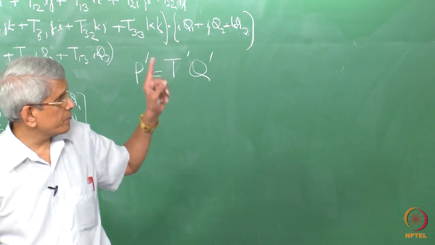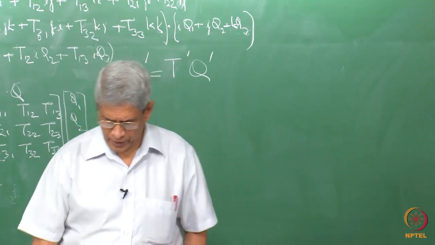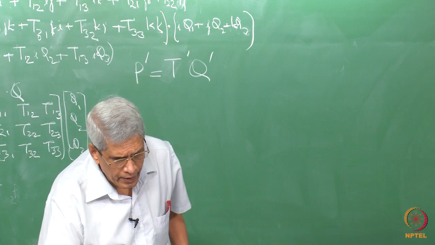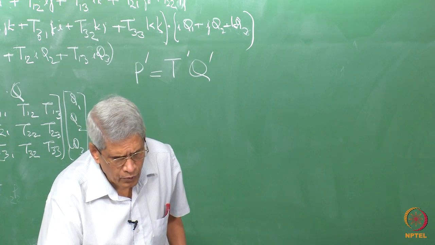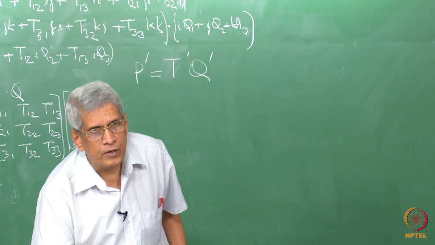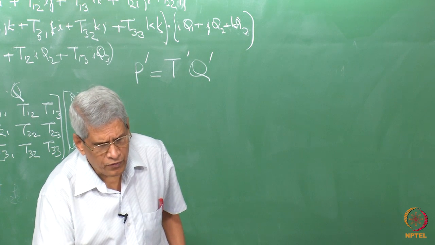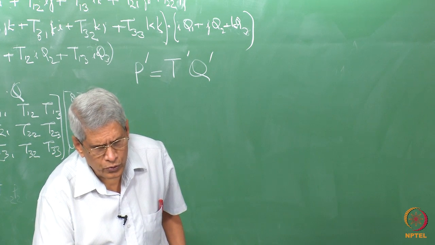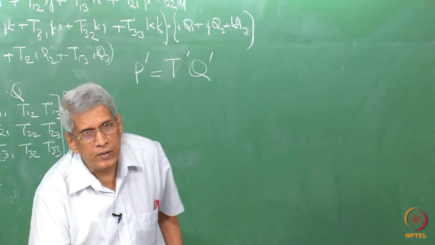Between the old and the new coordinate system, the unit vectors can also be represented using a transformation matrix, correct? This is from old to new, and this is from new to old.